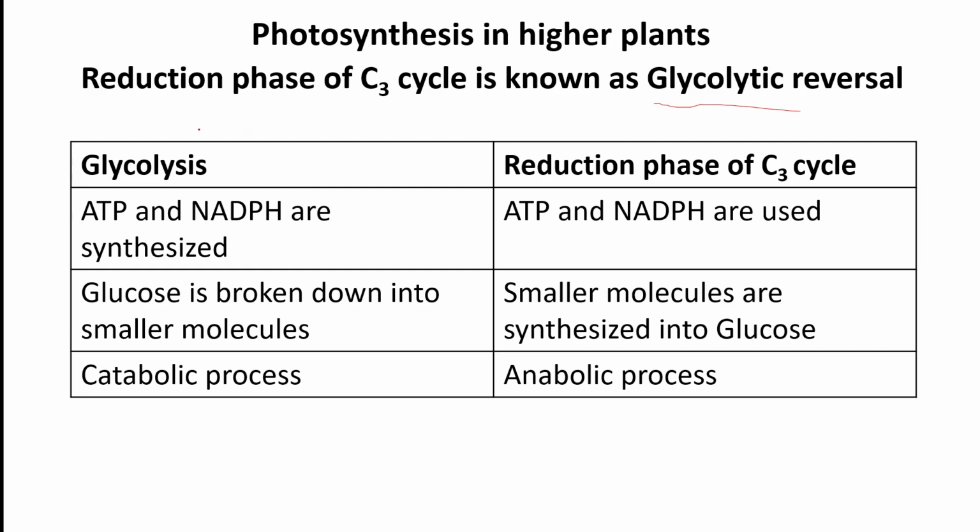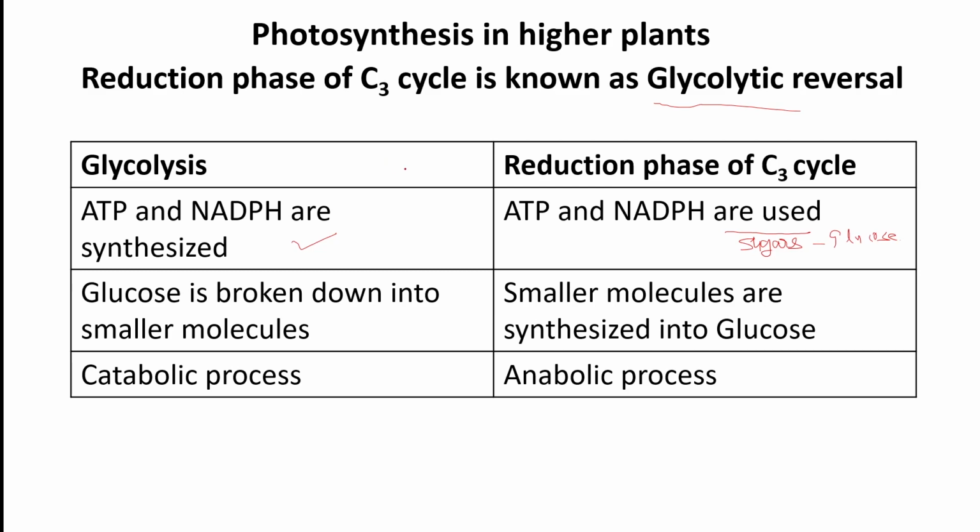In glycolysis, ATP and NADPH are synthesized, whereas in the reduction phase of the C3 cycle, ATP and NADPH are utilized for the synthesis of sugars such as glucose, sucrose, and other carbohydrates, starch and cellulose.